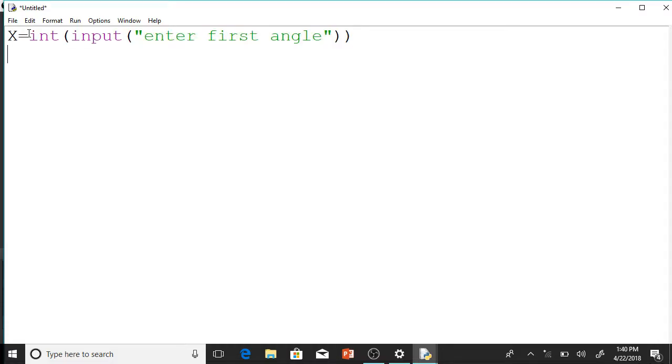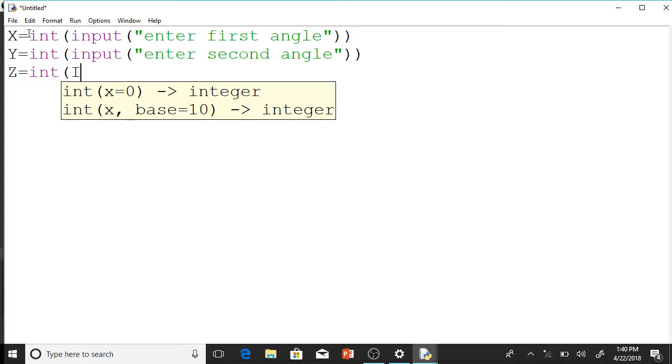And then the second side, same integer input, enter second angle. Now for the third side, integer input, enter third angle.